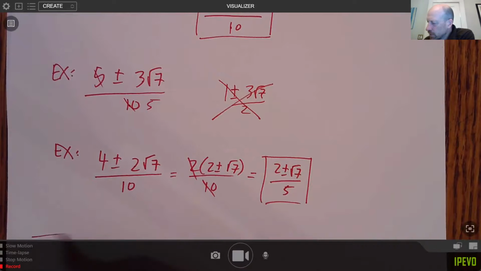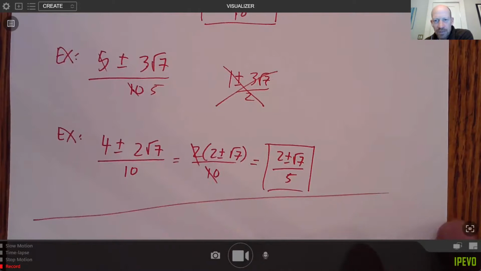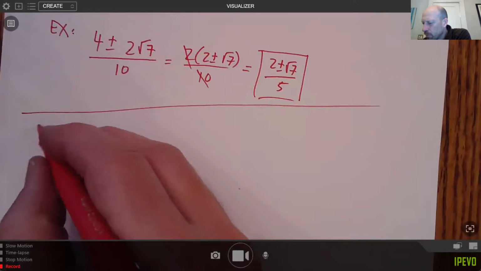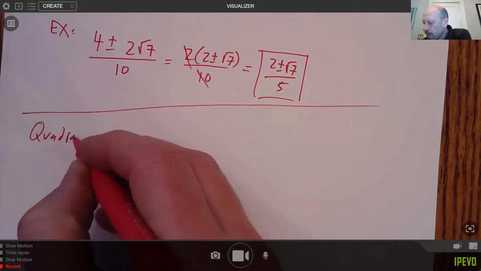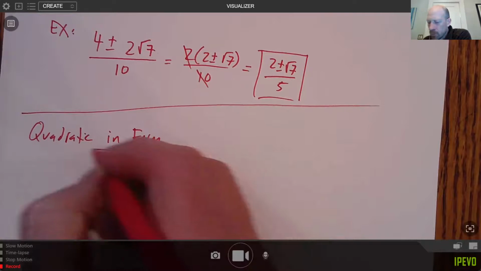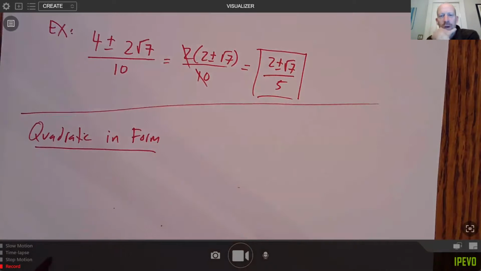The second type of problem you asked about was kind of a different type. Those are called quadratic in form.